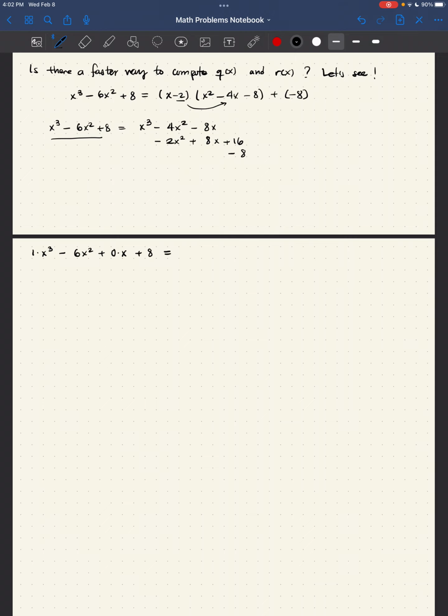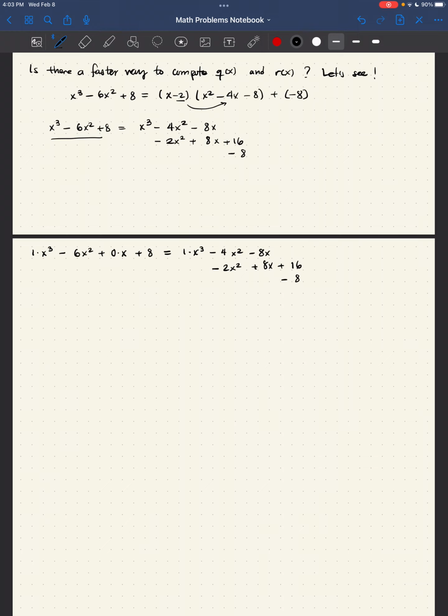And that would be equal to 1 times x cubed minus 4x squared minus 8x, then minus 2x squared plus 8x plus 16 minus 8.